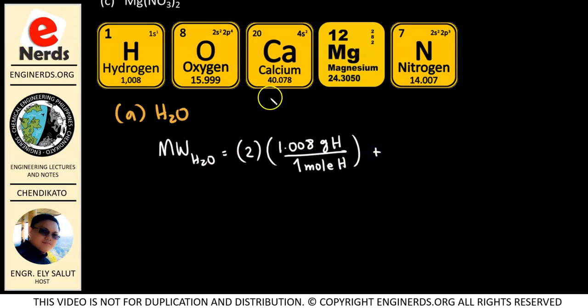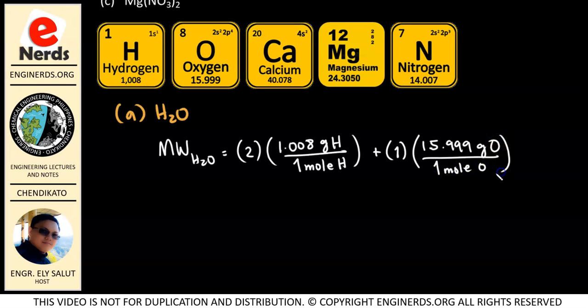Then plus, how many atoms of oxygen we have? We only have 1. Then multiply that sa ating atomic weight, which is 15.999 grams of oxygen for every 1 mole of oxygen, ano?